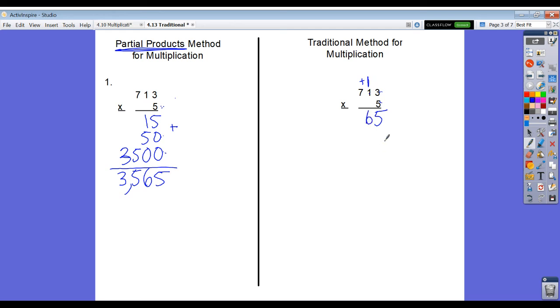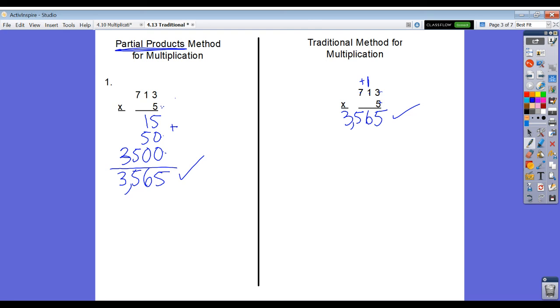So I write that in my tens place. And then 5 times 7 is 35. So I write that in my hundreds place, or up to thousands place actually. And then I get 3,565. See, my answers match, but it was just a more efficient way to use my traditional method of writing down and regrouping. So decide which method works best for you.